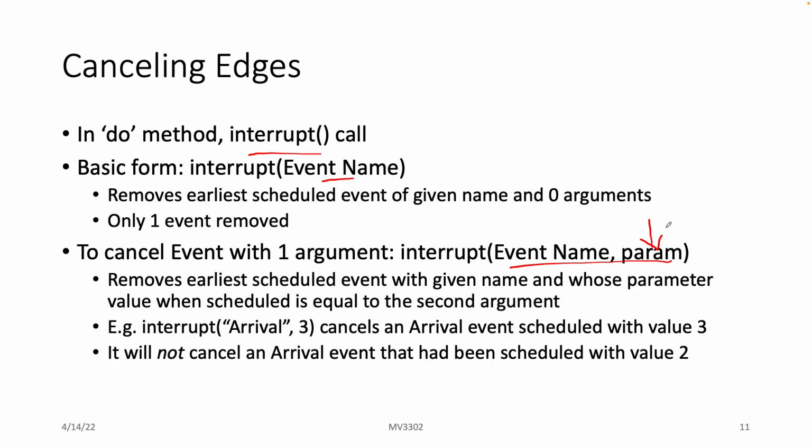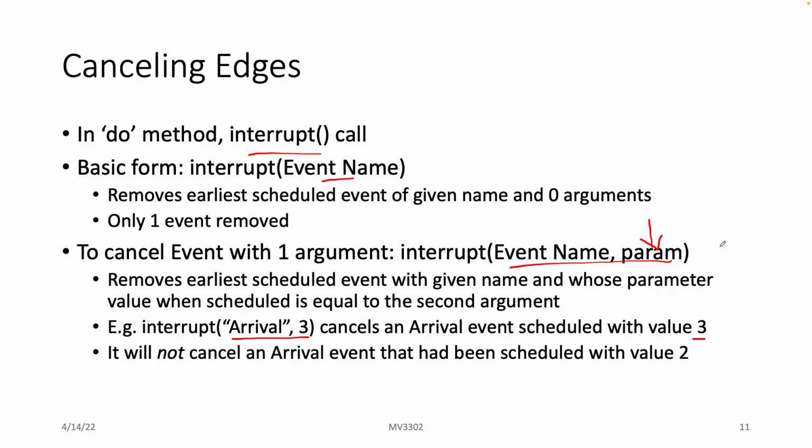And that's because it was implemented using varargs. So if I have interrupt arrival 3, then it will cancel an arrival event that had been scheduled with a value of 3. In other words, the match has to be both with the name and an exact match of the parameter.